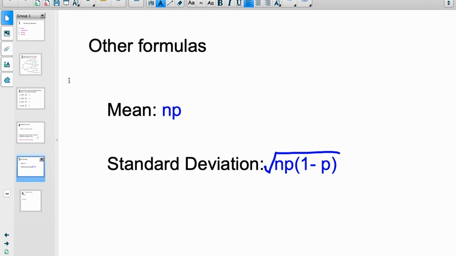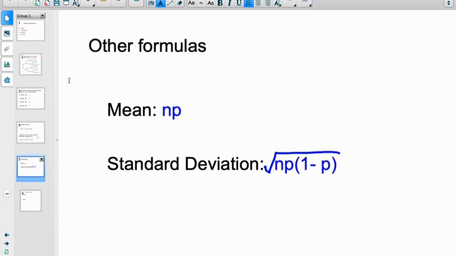Now other formulas for this binomial distribution. To find the mean of a binomial distribution, all you have to do is take n times p. n is the number of trials and p is the probability of success. The easiest way to think about this: if you flip a coin twice, how many heads would you expect to get?